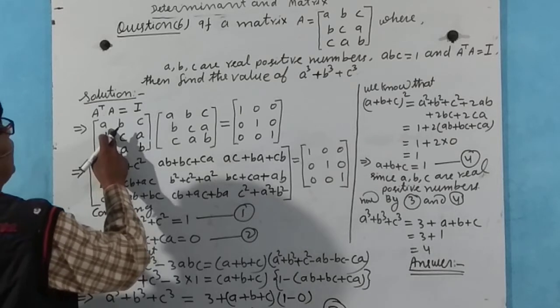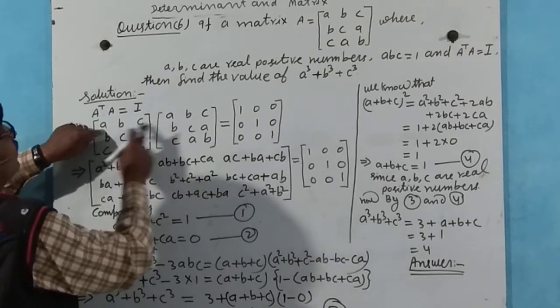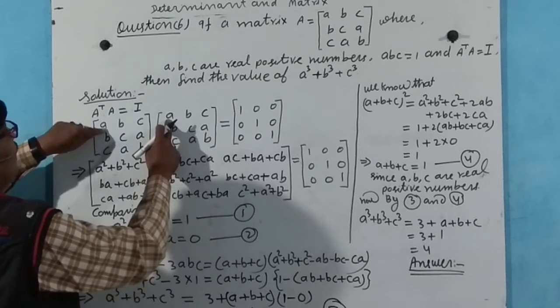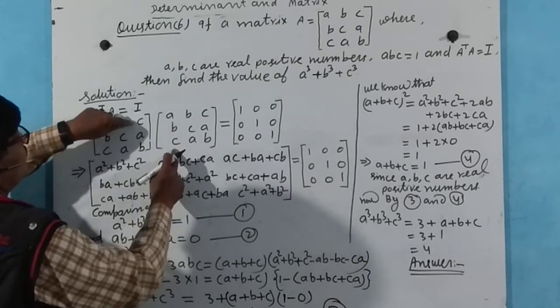Now we multiply using the row by column method. Here we get a square plus b square plus c square.